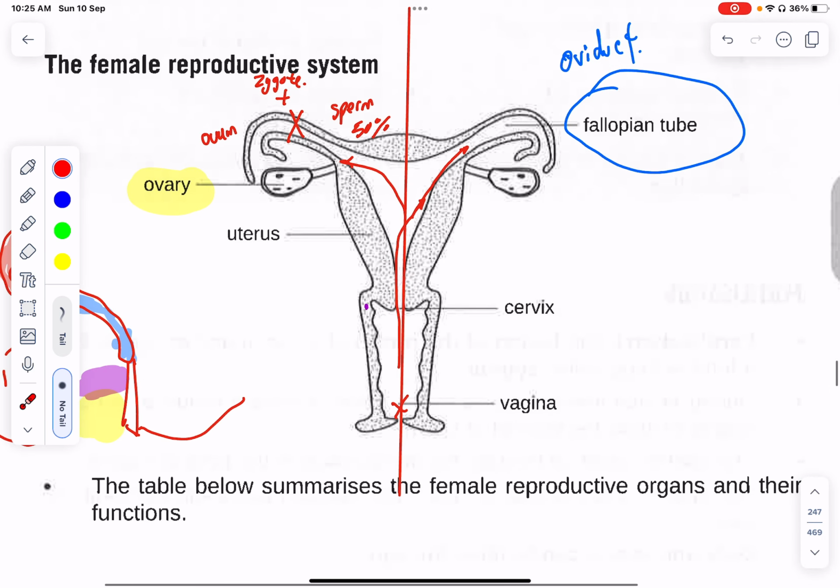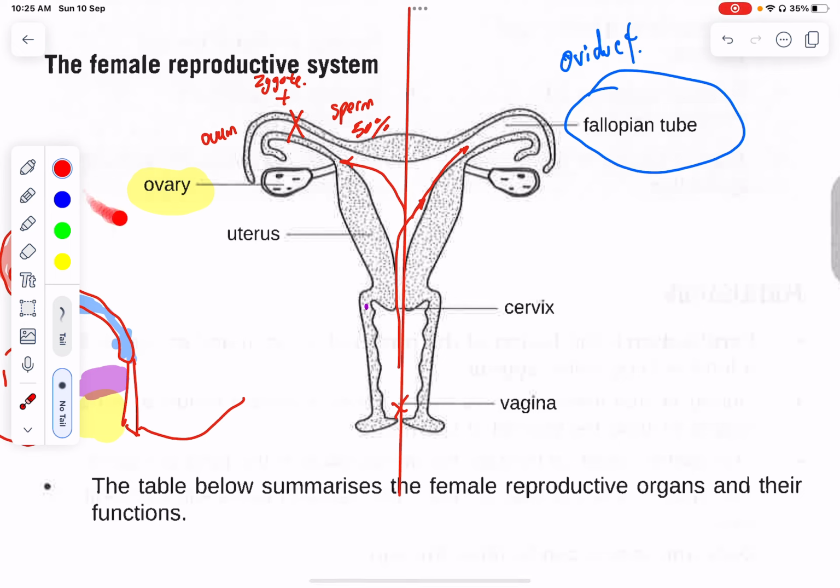So here is the frontal view of the female reproductive system. Again, in exam, you might be required to label, and not just to label, but also to be able to tell the function of that particular portion. The female reproductive system is actually symmetrical, in which the left side is similar to the right side.